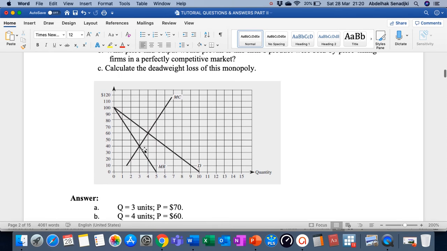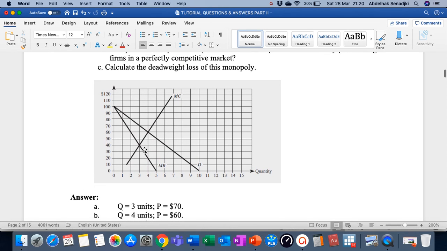Now, the last question: calculate the deadweight loss of this monopoly. If it is a perfectly competitive market, there is no deadweight loss. But since now it is producing only 3 units here, what is the deadweight loss? It will be this triangle. So how much is the deadweight loss?